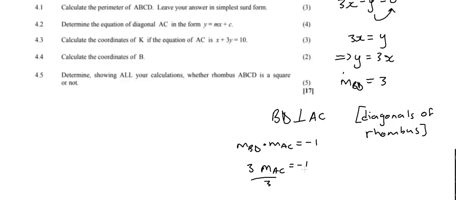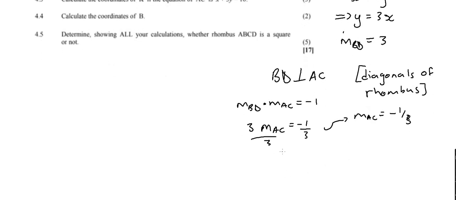If you divide by 3, you will find that the gradient of AC is just -1 over 3. Now we know that the equation of AC is y equals -1 over 3 x plus c.